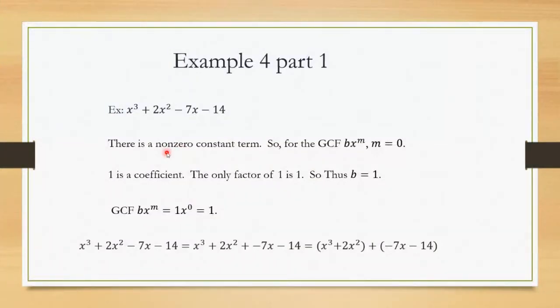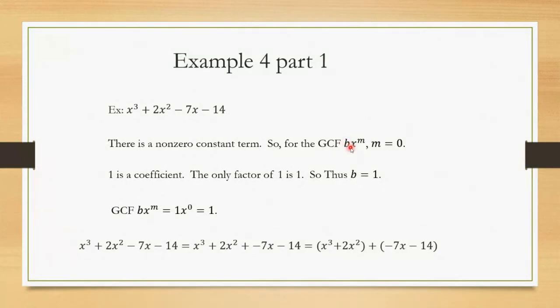Okay. Well, notice that we have a non-zero constant term, so we can't factor out x at all. The coefficient is 1. So just like we've seen before, when you have a coefficient of 1 and a non-zero constant term, the GCF must be 1.